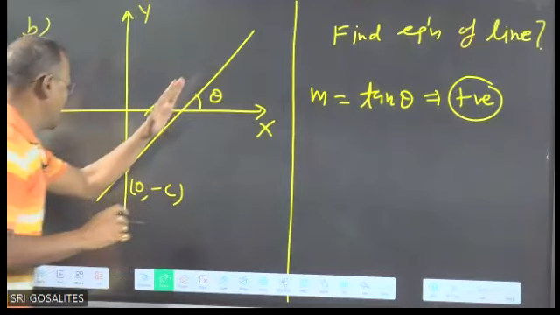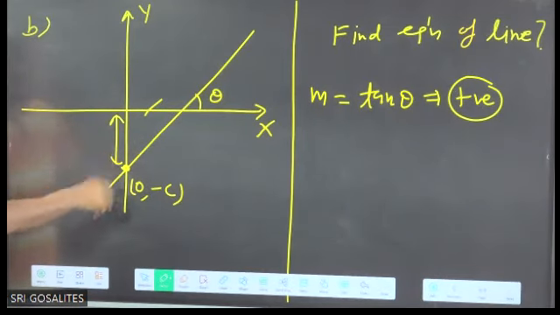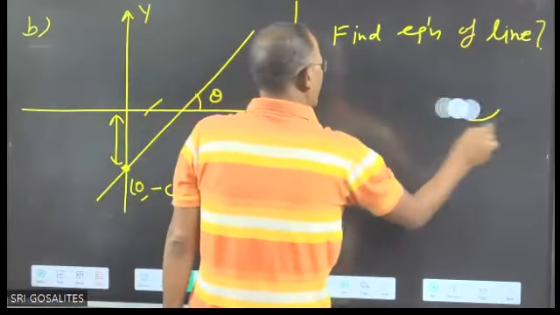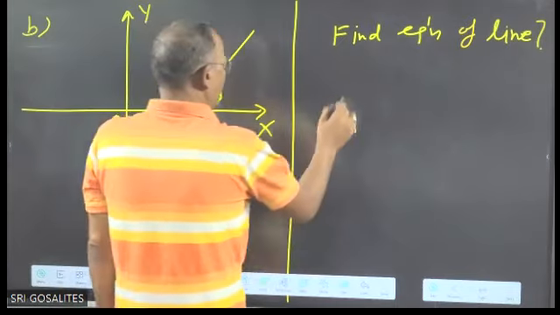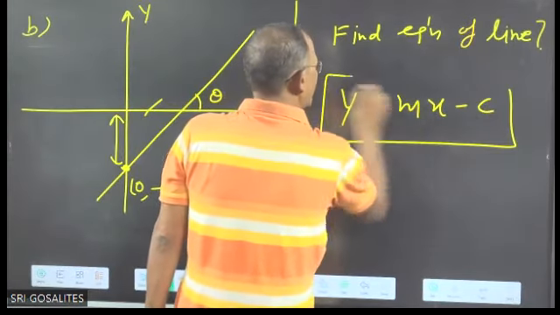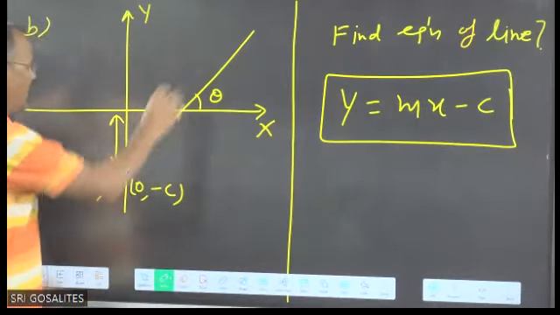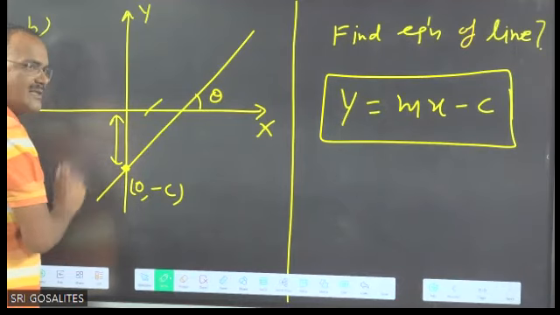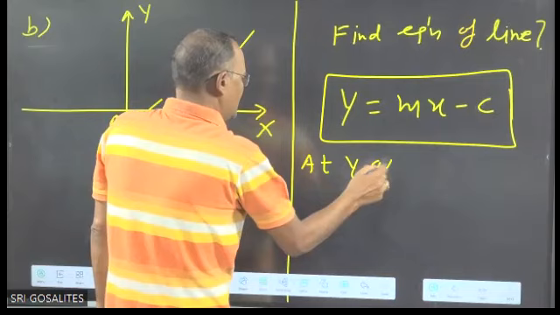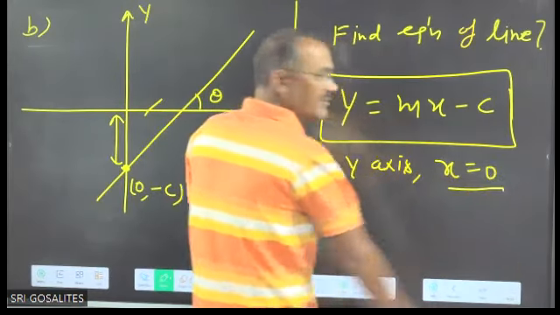But its intersection where it is cutting the y-axis is negative, downside. Okay, so here the equation of this line will be y equal to mx minus c. Now you will ask me, sir, why? See, line is cutting here over the y-axis, right? Y intersection we will find. So at y-axis, x kitna hoga bete? 0.